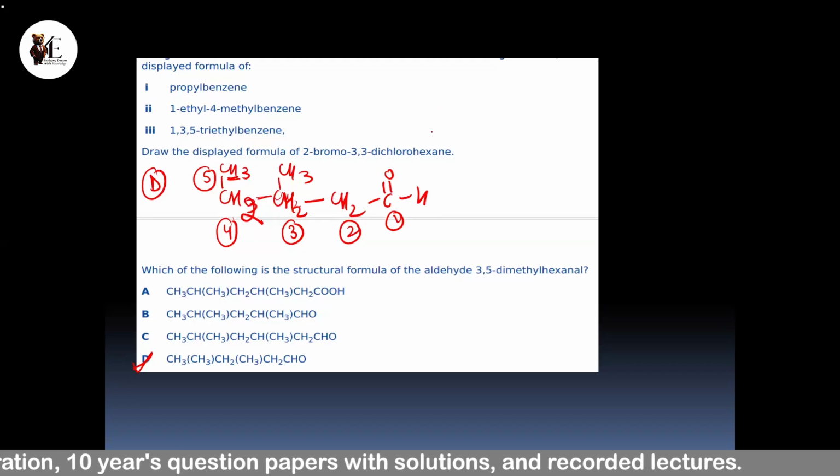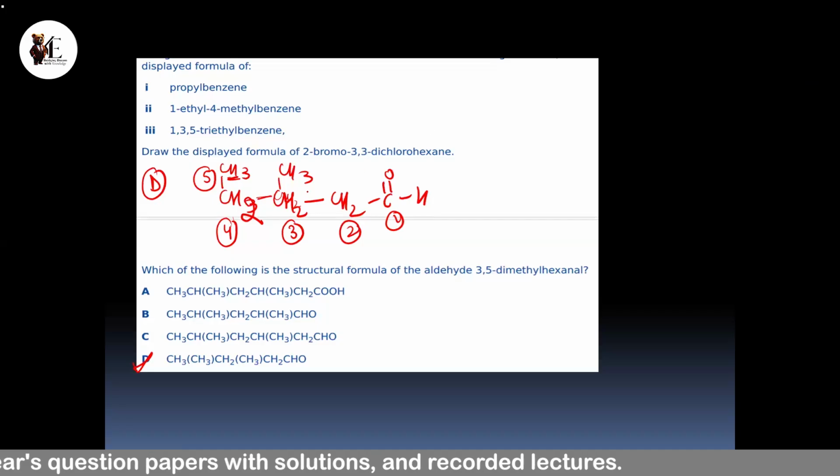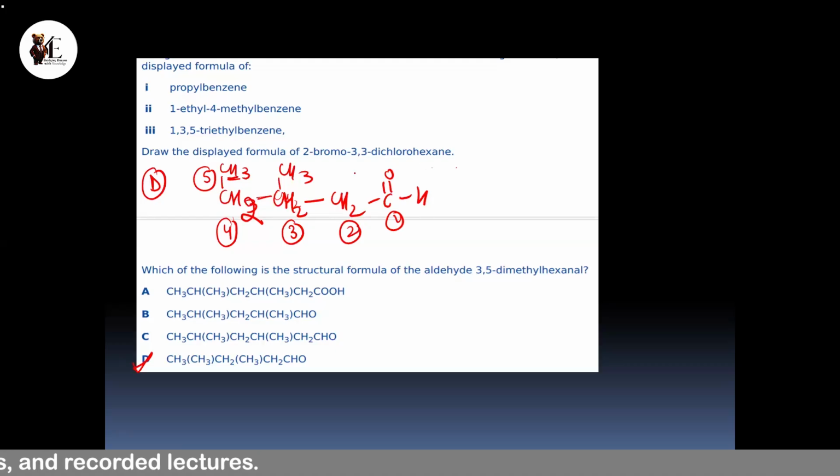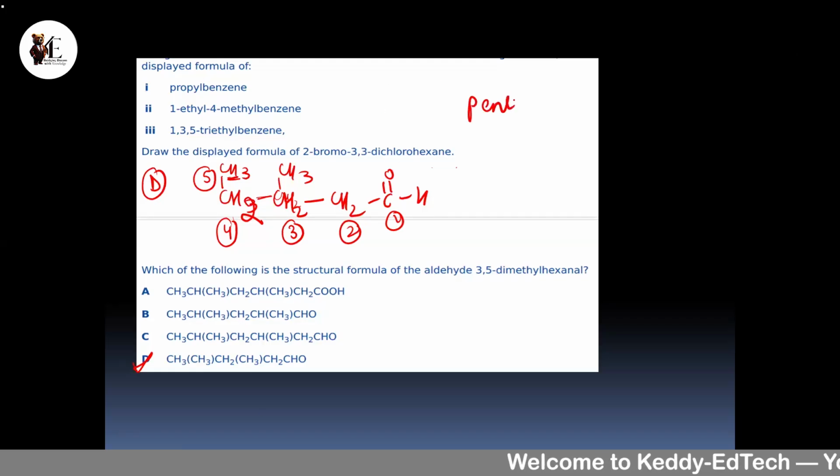Okay, there are some IUPAC rules which we have to follow. So here CH3 is in the branching, but no other group is here. No other group is lying here. That's why we have to select the longest carbon chain. Maybe it is in branching or not, it doesn't matter. So the root word is pent.